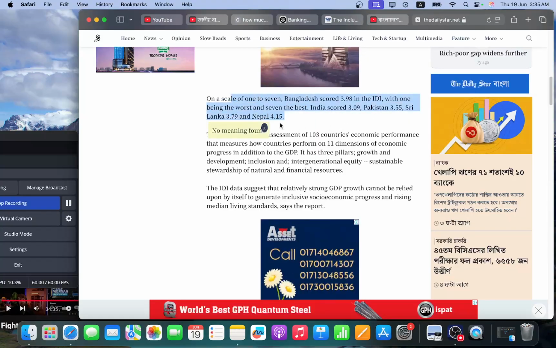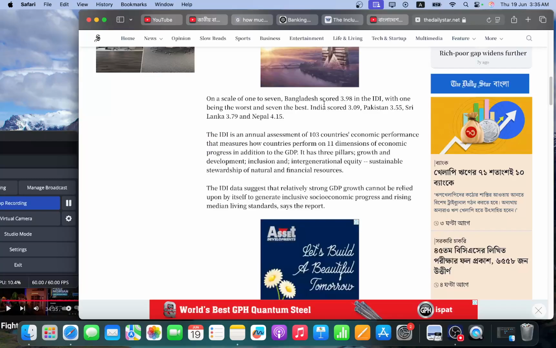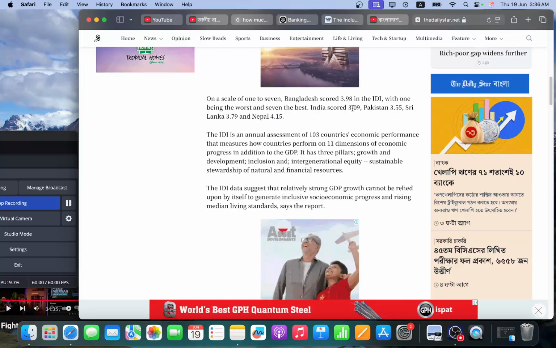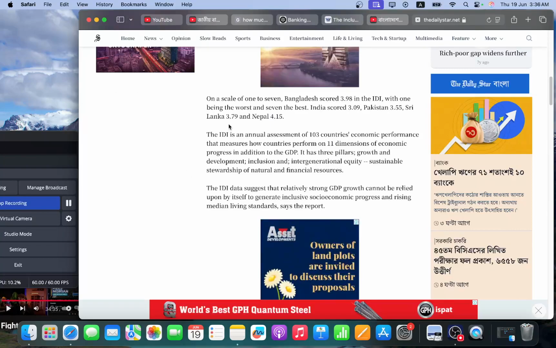Yeah. On the scale of 1 to 7, Bangladesh scored 3.98 in the IDI, with 1 being the worst and 7 being the best. India scored, Pakistan scored 3.55, Sri Lanka 3.79, and Nepal 4.14.